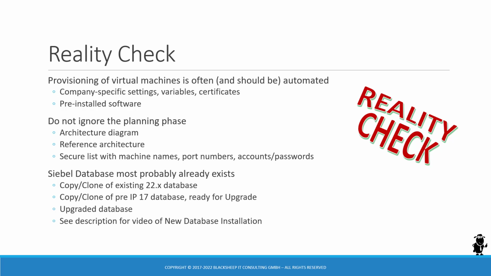We do not really teach upgrade in this module. There's another module for that. Please check the links in the description, and also see the description for a video link where you can find a walkthrough of a new database installation for the Siebel database.